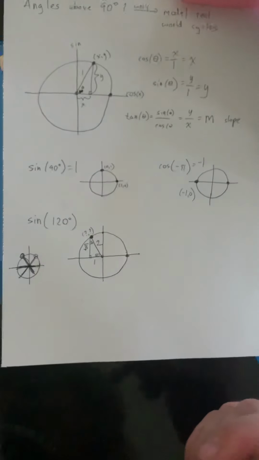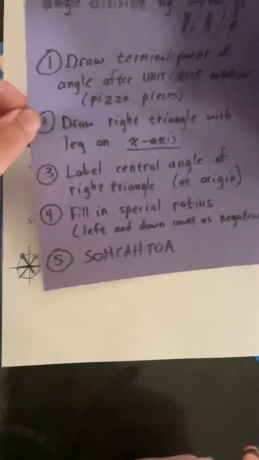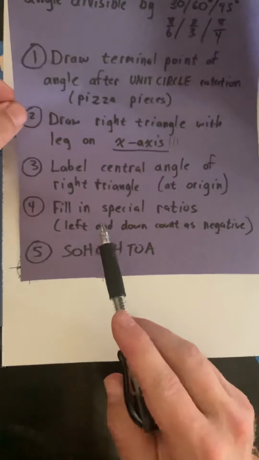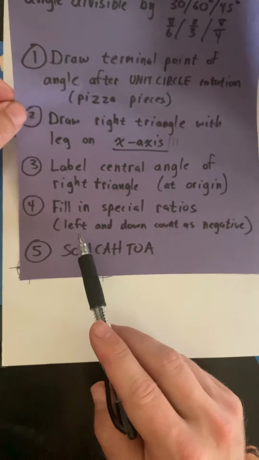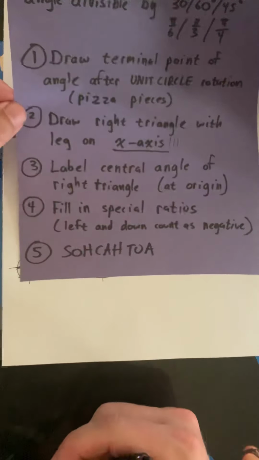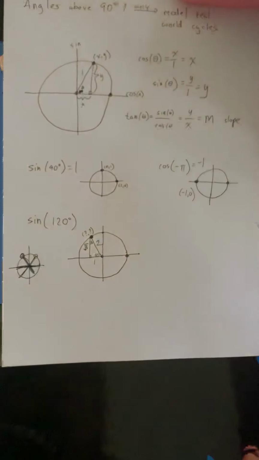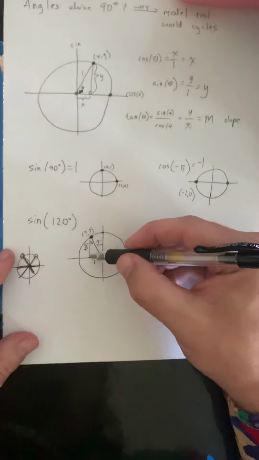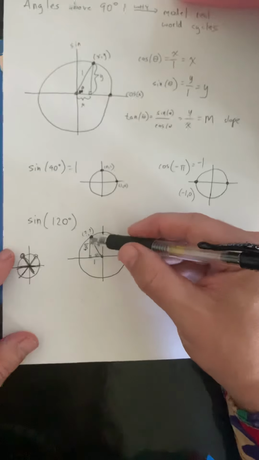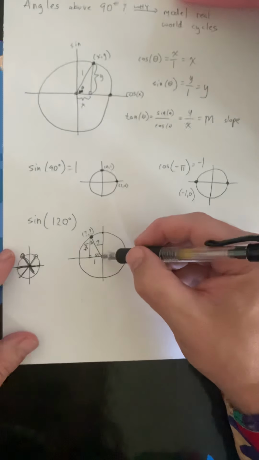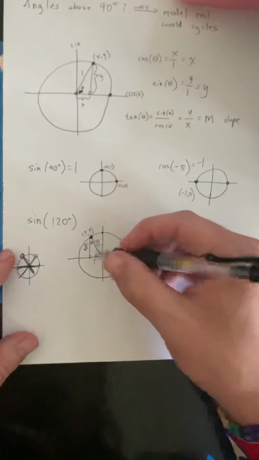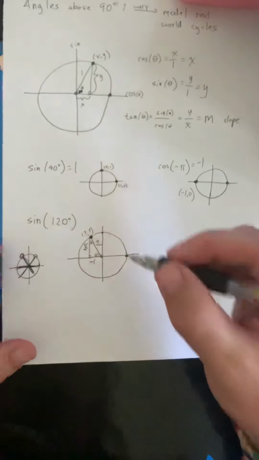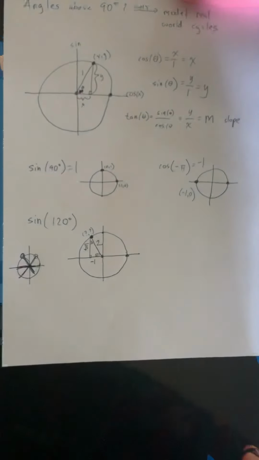Now, if you noticed on step 4 of this list, I said, when you fill in the ratios, if you ever go left or down, it counts as negative. Take a look over here. This vertical segment is up into quadrant 2, but this horizontal segment went to the left, so this has to be labeled as -1.